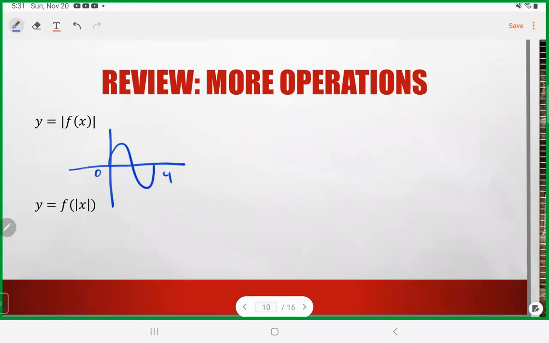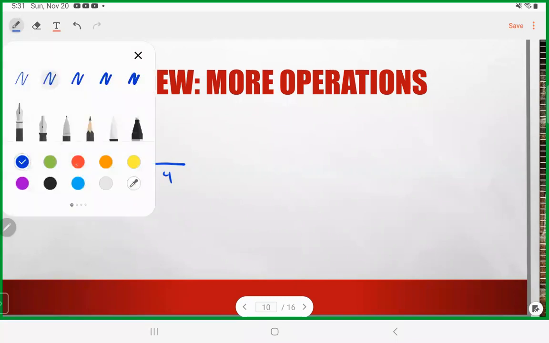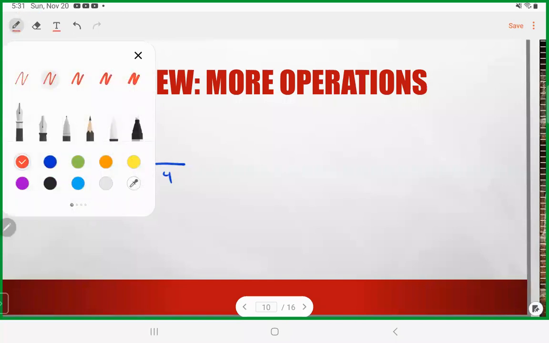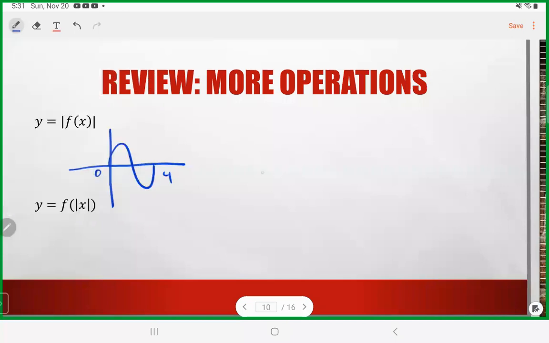So you can see that our new graph should only be greater than or equal to 0. All those negative parts of y are rebounded up into something like the McDonald's logo.